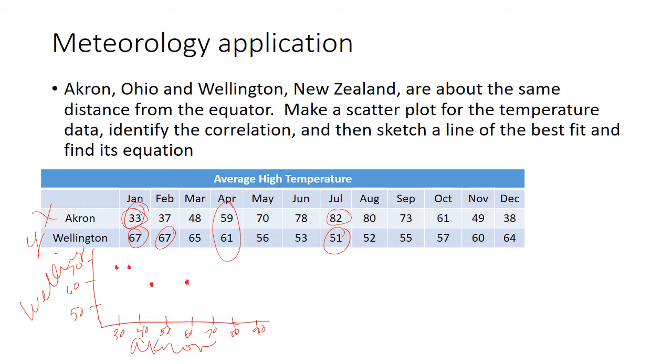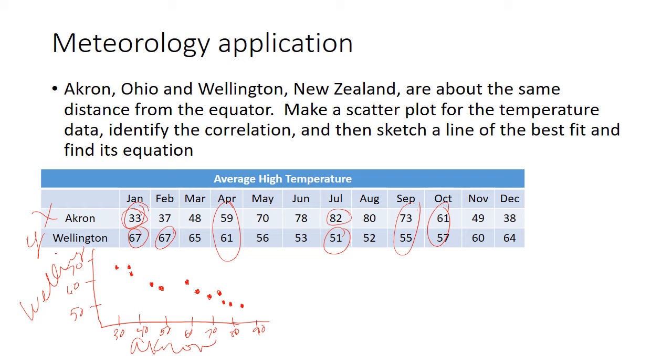About right there. 70 to 56. 78 to 53. 82 to 51, 80 to 52, 73 to 55, 61 to 57, 49 to 60, and 38 to 64.